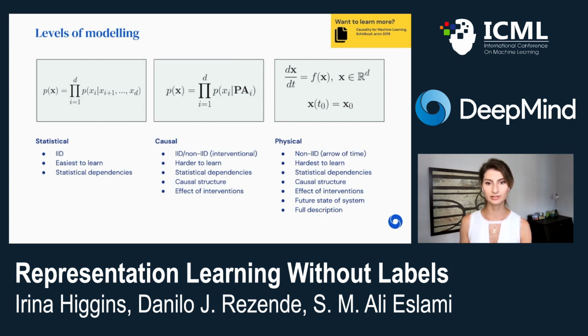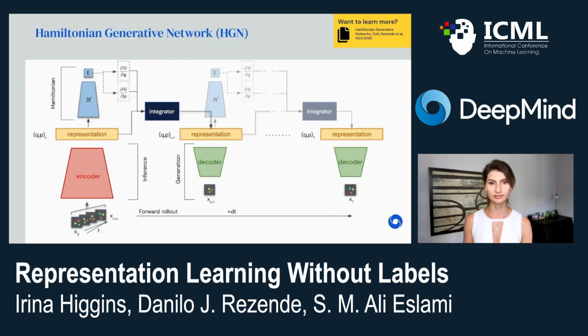Indeed, up until recently, the physical level of modeling required human physicists to handcraft the differential equations. Recently, however, a number of models have been proposed that are starting to be able to learn such physical models from data. For example, the recent Hamiltonian Generative Network can be seen as a variational autoencoder with a recurrent core inside.